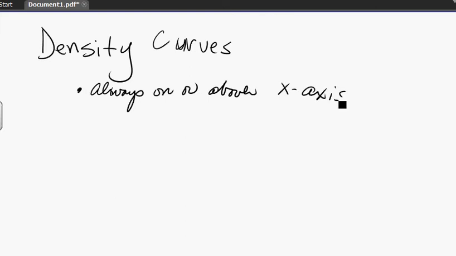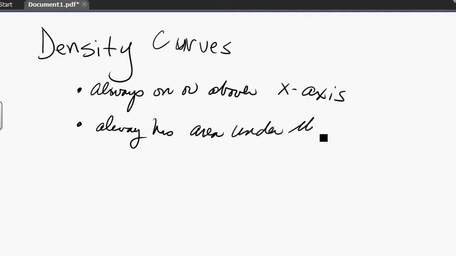And a density curve has an area under the curve, always has area under the curve equal to 1.